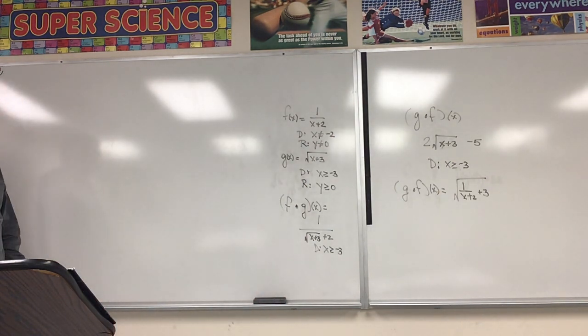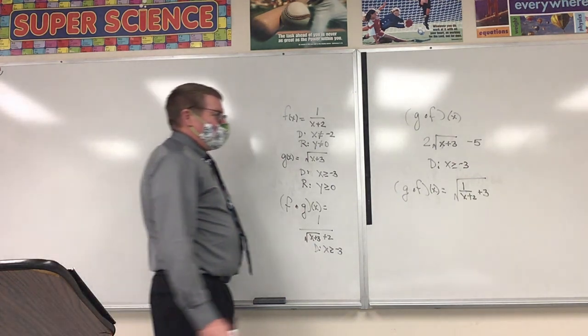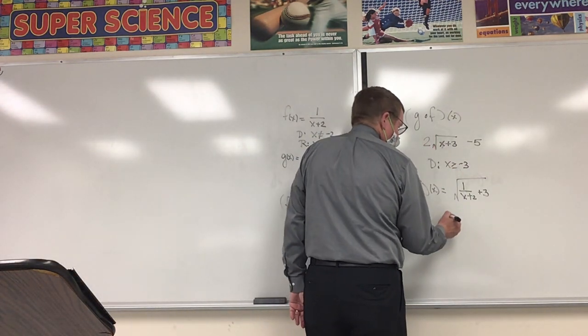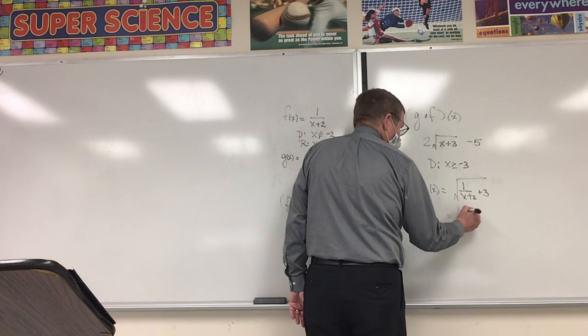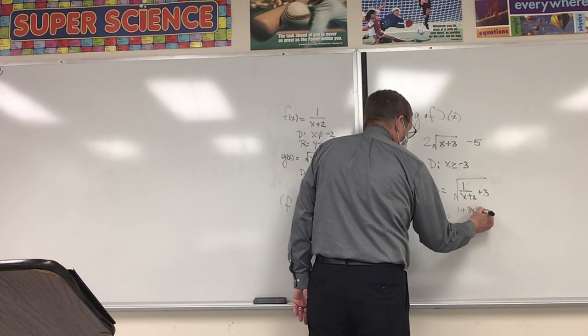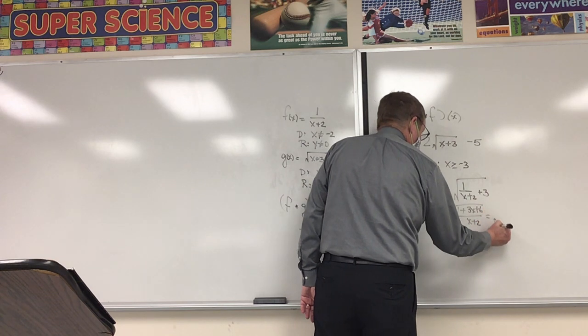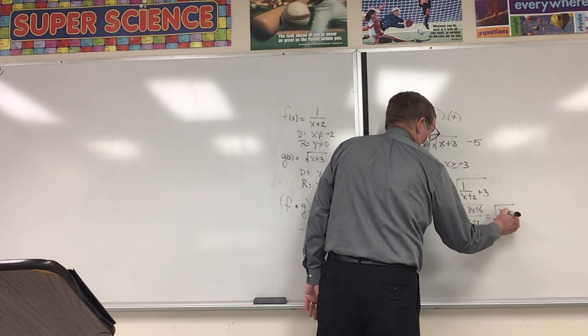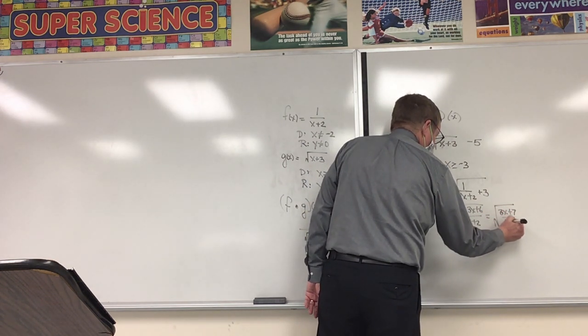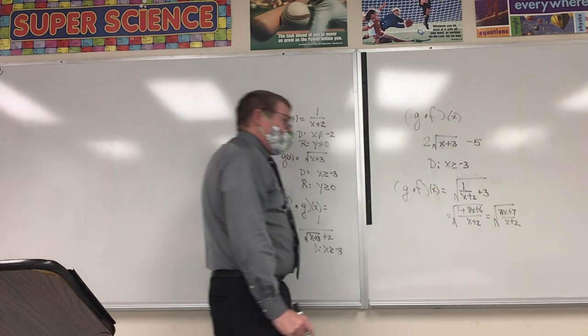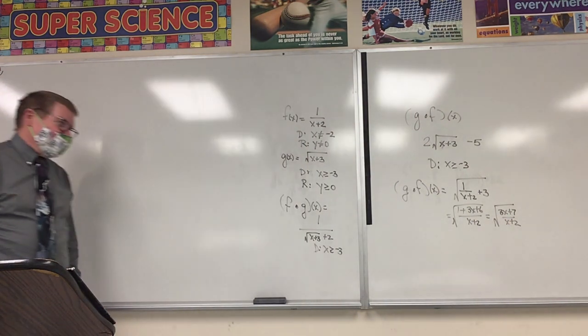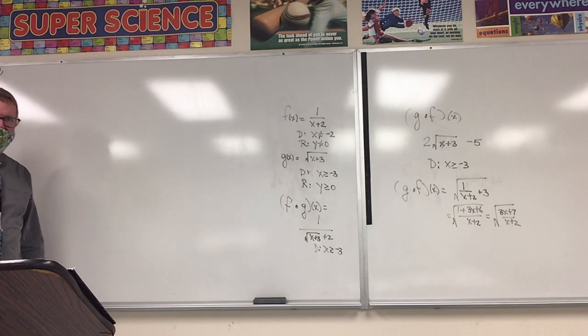We could get a common denominator and get 3x plus 7 over x plus 2, square root. I'm not too concerned about that. I'm concerned more about whether you know how to compose.